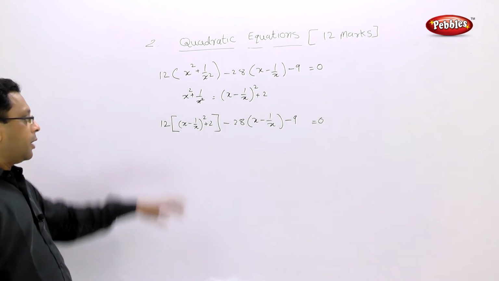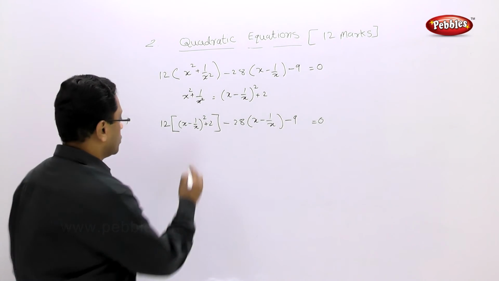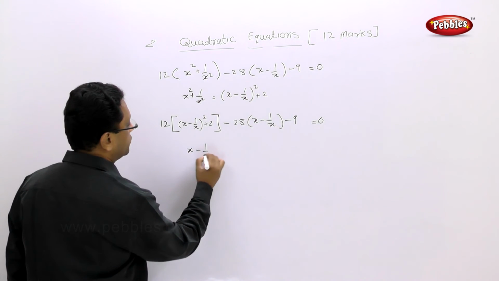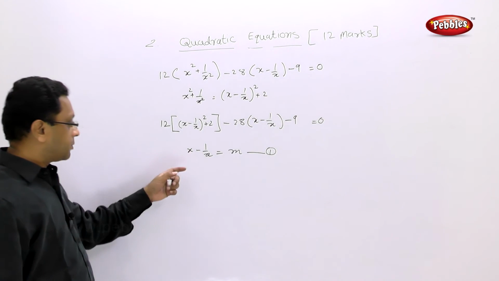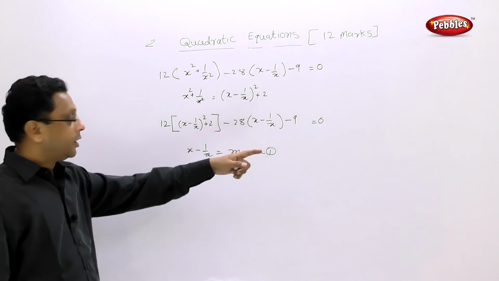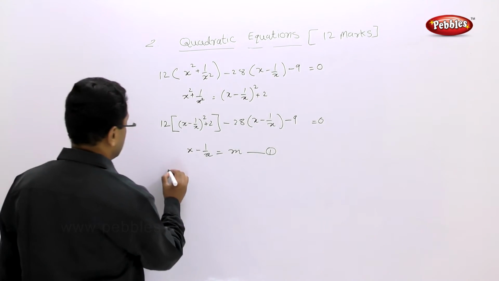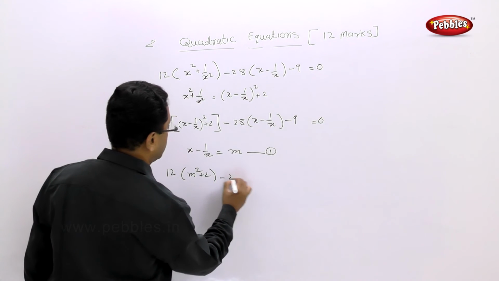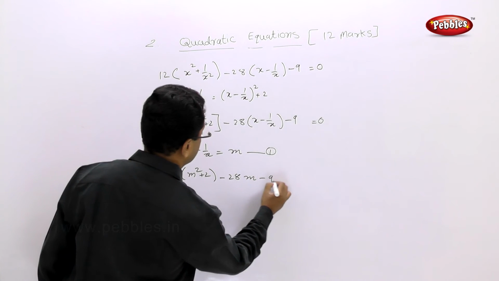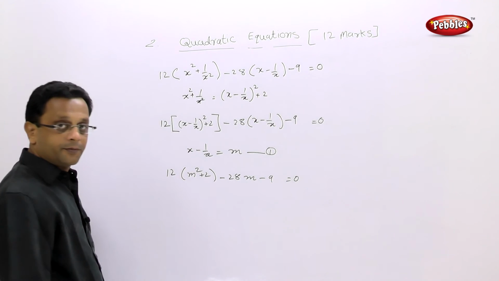So now I got two common terms. x minus 1 upon x is equal to m, and now I'll substitute this m in the above equation. So I'll get 12 m square plus 2 minus 28m minus 9 equal to 0.